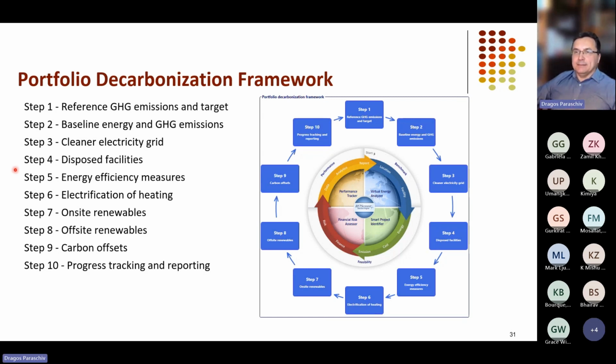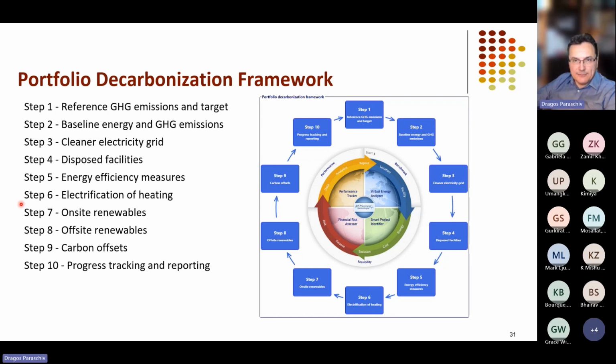We can look at optimization of our resources, disposed facilities. We can look at energy efficiency measures. I mentioned electrification that results in emission reduction because of the cleaner electricity grid.